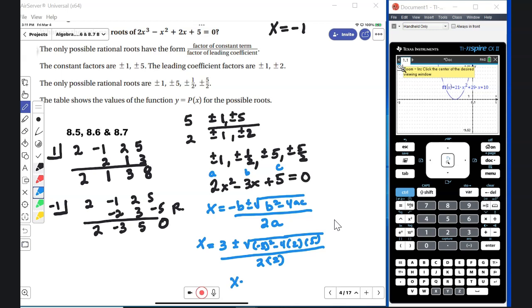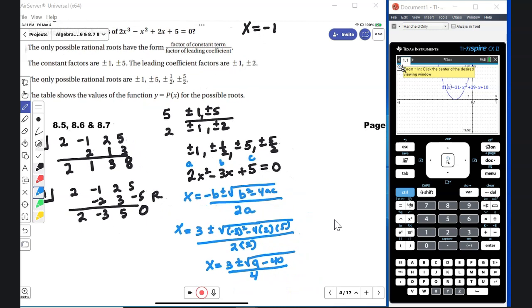So we have x equals 3 plus or minus the square root of 9 minus 4 times 2 is 8, 8 times 5 is 40, divided by 4. And you notice that we're going to have an imaginary number.